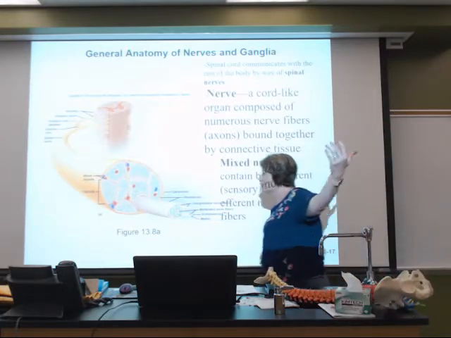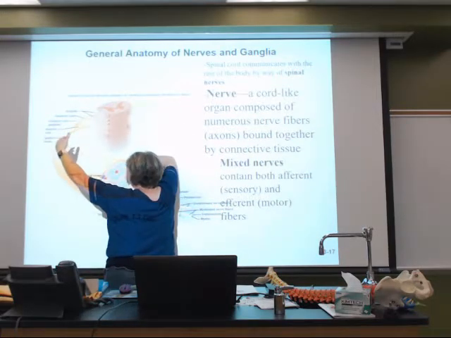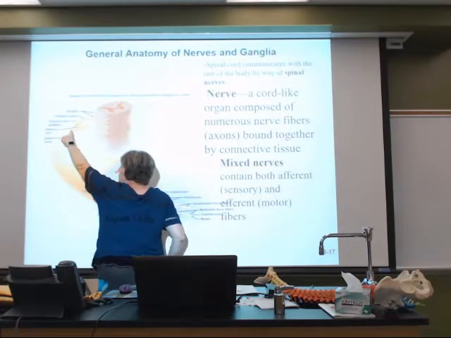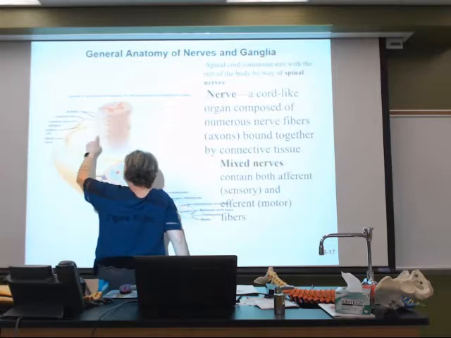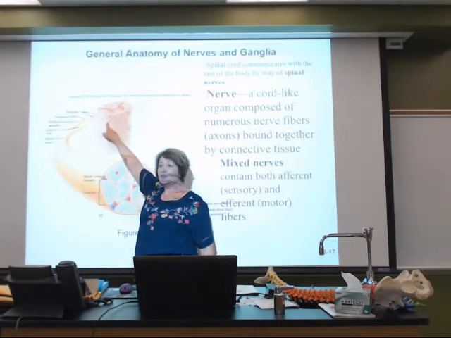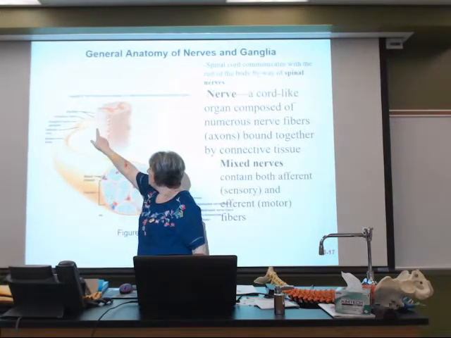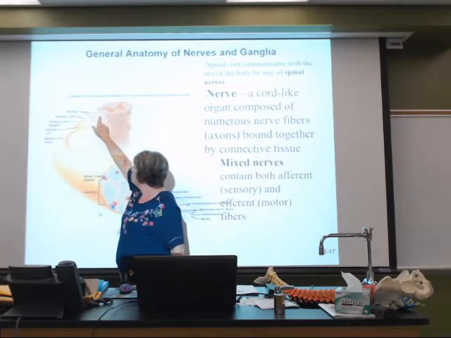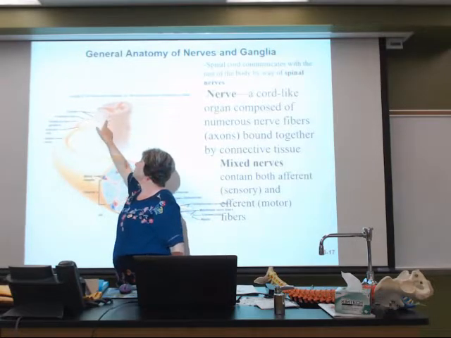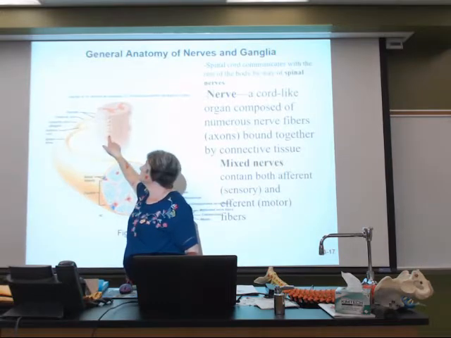So if I have this mixed nerve coming in, and I've got information that has to come in, information that has to come out, and we get the forking that took place, what begins to happen, they form what is termed rootlets. So what you see entering on the anterior and the posterior side, as that nerve branches and branches, these are termed rootlets.